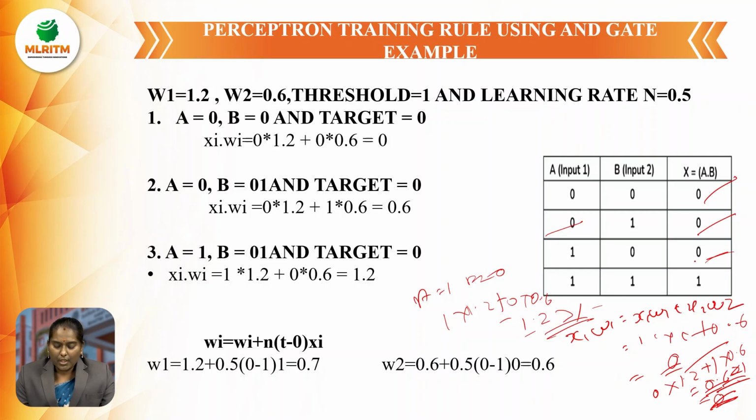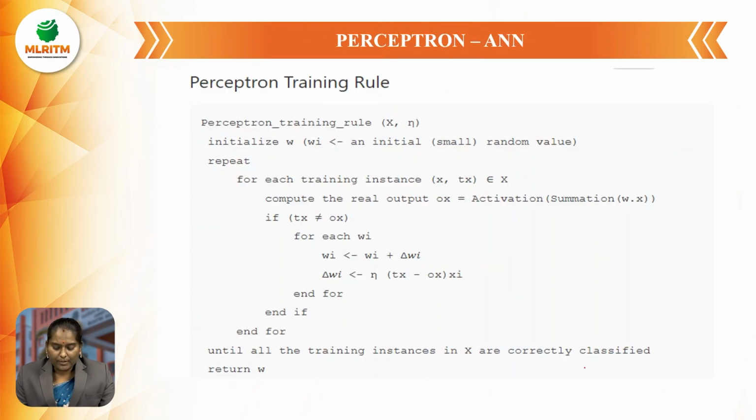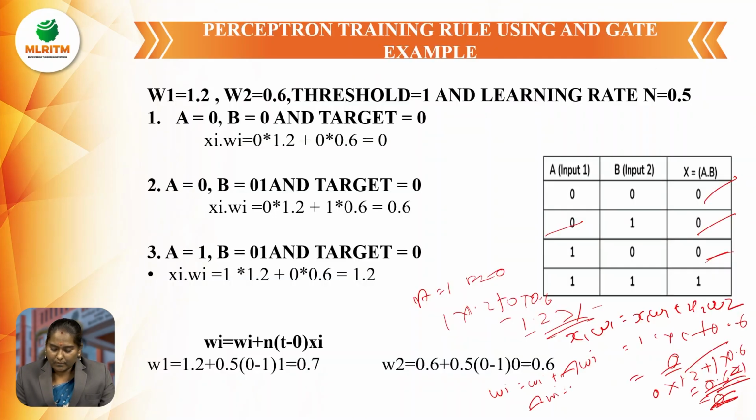How to modify the weights? wi equal to wi plus delta wi, where delta wi equal to n into (t minus o) into x.